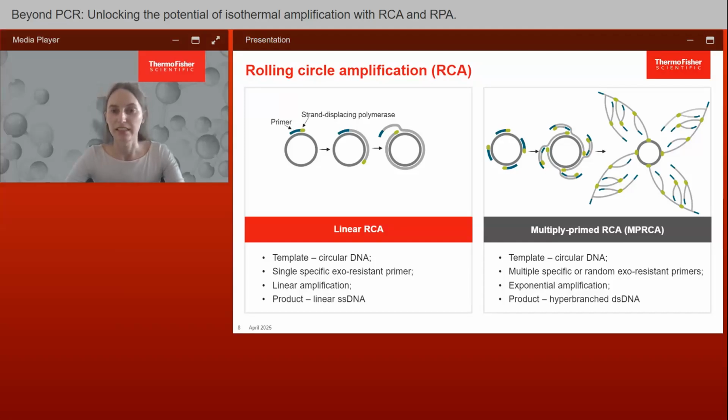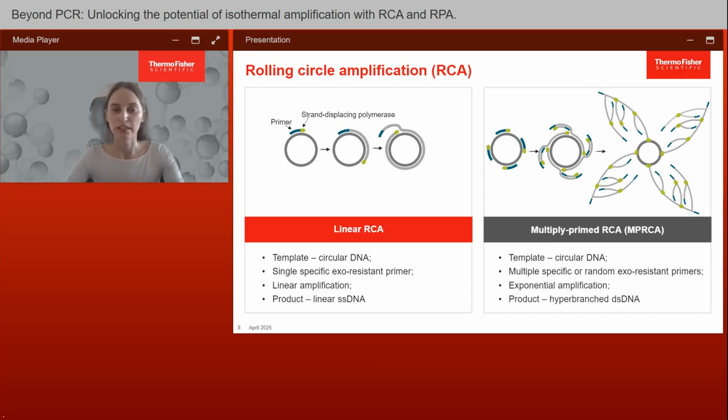As the polymerase extends the primer, it displaces the newly synthesized DNA strand, which then serves as a template for further primer binding and DNA synthesis. So in this case, the reaction continues in an exponential manner and results in long, hyper-branched, double-stranded DNA.